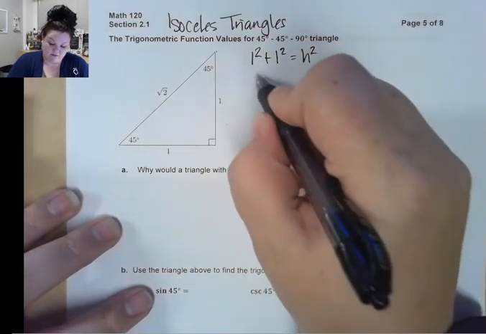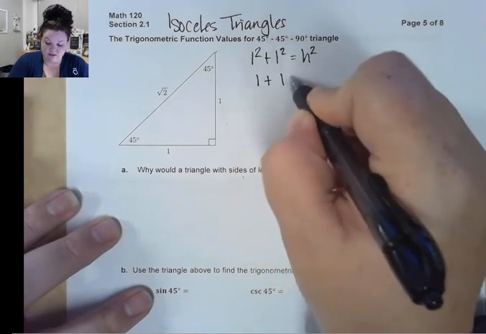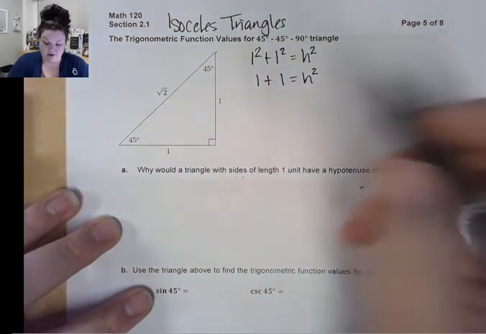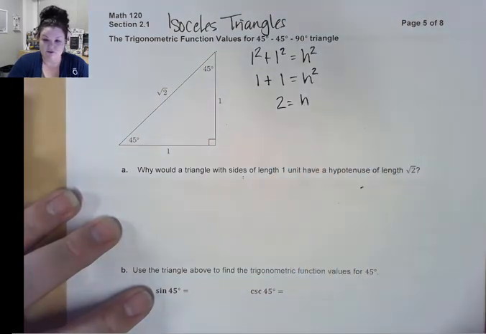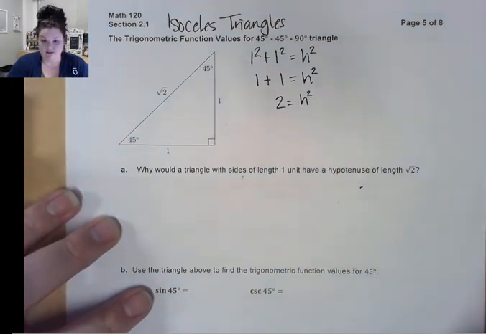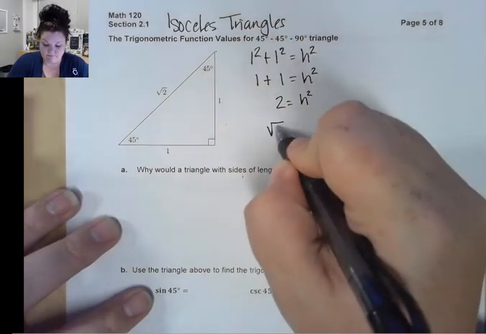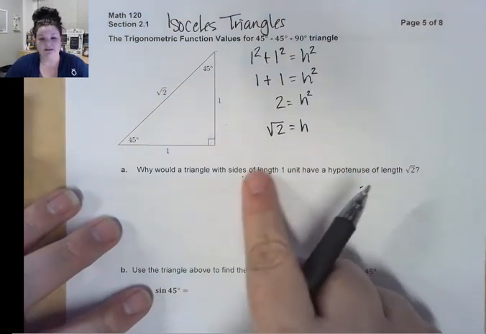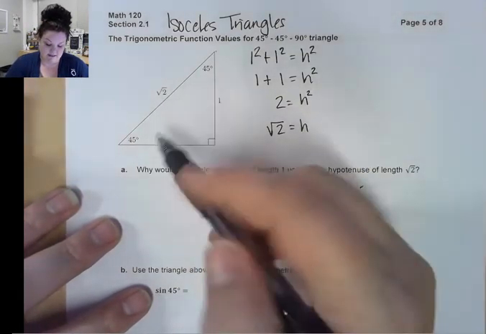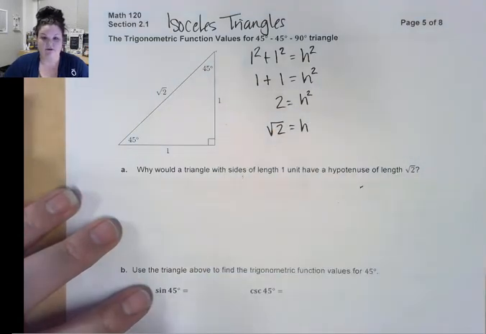So 1 squared is 1, 1 squared is 1. So that means my hypotenuse squared has to equal 2. And then to get rid of that square, I take the square root. Okay. So this is not something I would have you do. I'm just validating that the hypotenuse length is square root of 2.